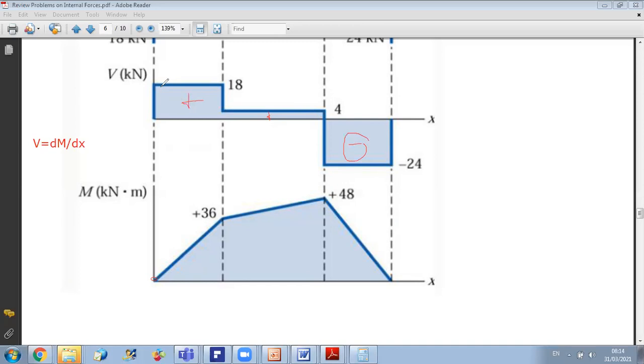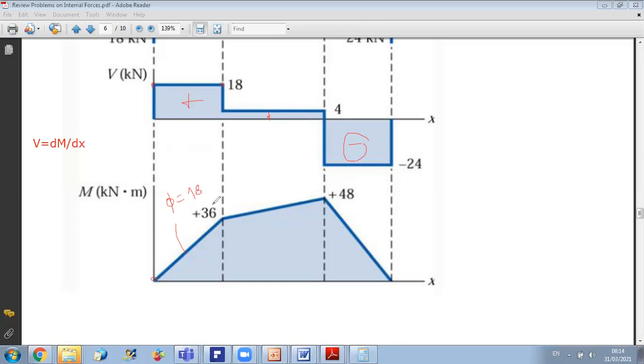Now, from this point to this one, I have V constant equal to 18. So I can say that M is linear, and the slope is equal to 18.